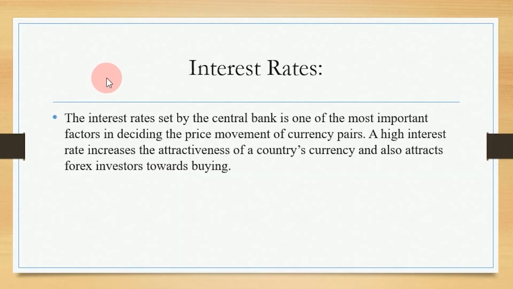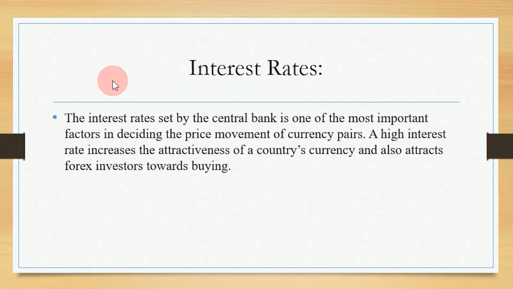Interest rate. The interest rate set by the central bank is one of the most important factors in deciding the price movement of currency pairs. A high interest rate increases the attractiveness of a country's currency and also attracts forex investors toward buying.